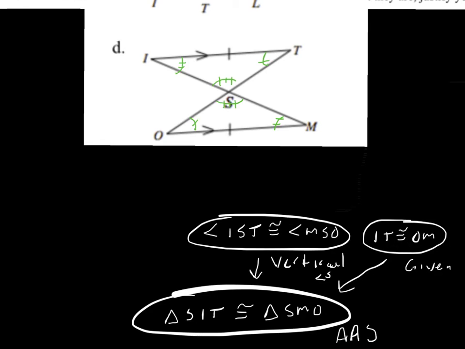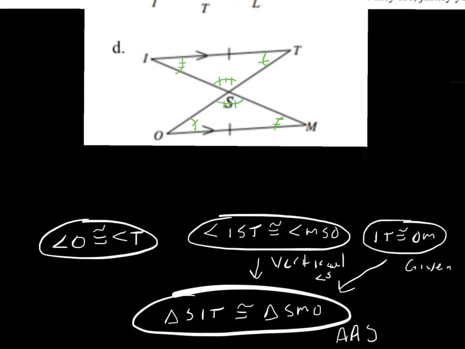And the last one we have, we could just say angle O now. Notice why could I say angle O and T here and not angle S in the middle? Because angle S is touching this side. Yeah, because angle S could be a couple different angles here, where angle O is just that one. So I would say angle O is congruent to angle T. The reason we knew that was because of the parallel lines.